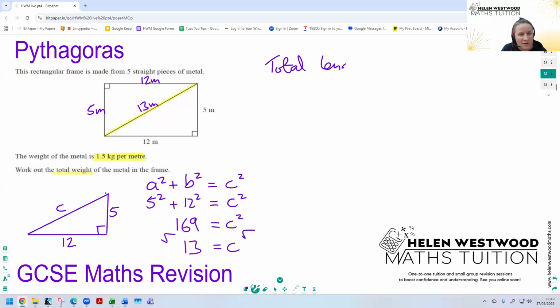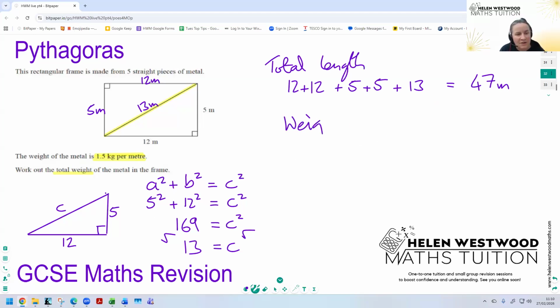So if we want to work out the total length of all the metal, of course, we're going to add all of those 5 pieces together. And because we've got those 5 lengths, we know that we're going to be adding those 5 sides together. So make sure we've included all of those numbers there. So in total, the length of material that we've got is 47 meters.